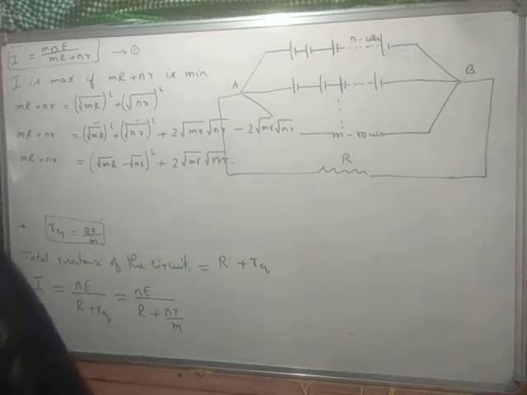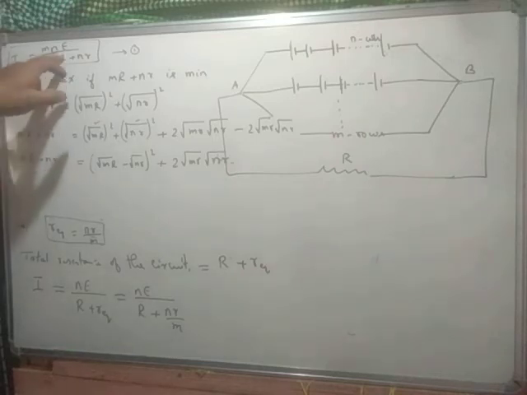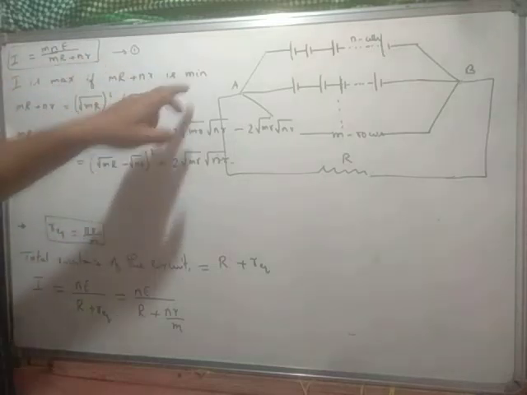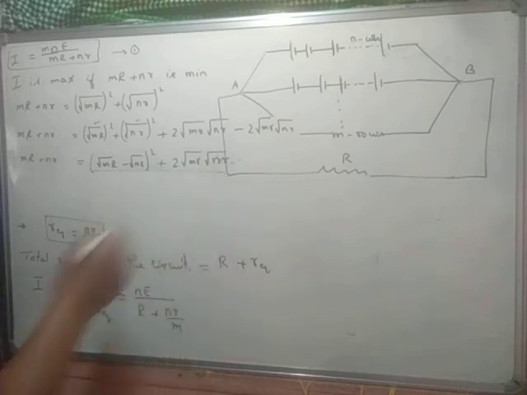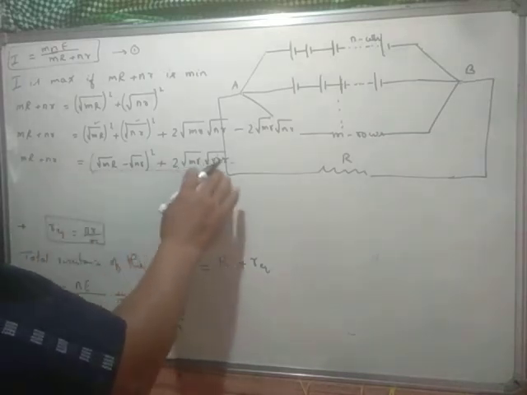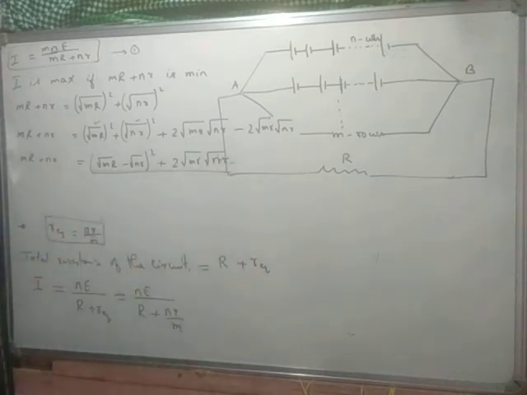Okay, so let me come back to this equation 1. I told you that in order to get the maximum current, this MR plus NR should be minimum, which means, because I have simplified MR and R as this much, when MR plus NR is minimum, this whole thing should be minimum. So for this whole thing to be minimum, you should get a small number.